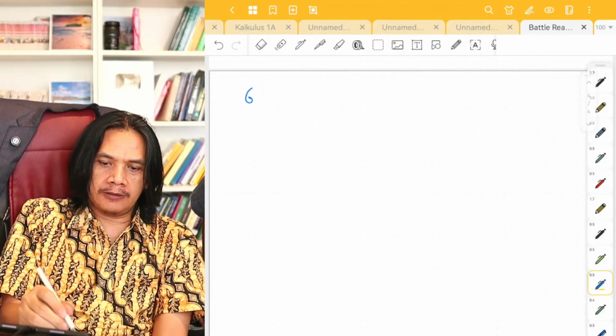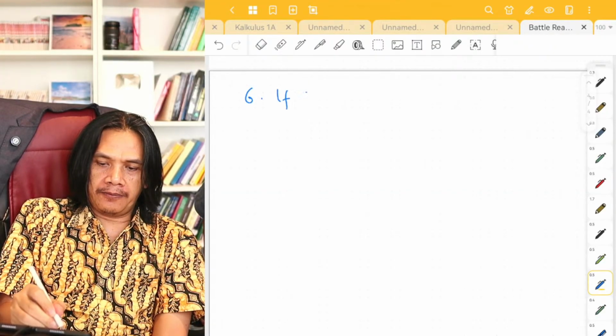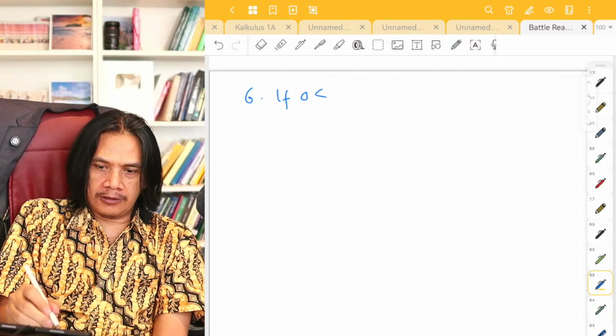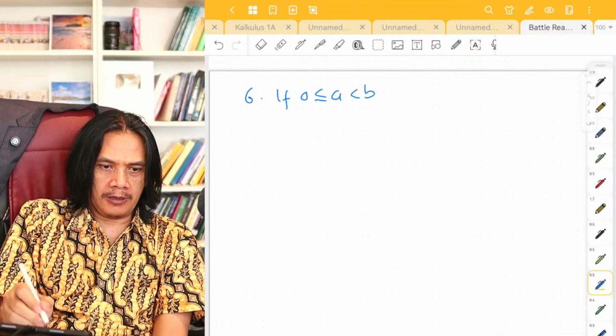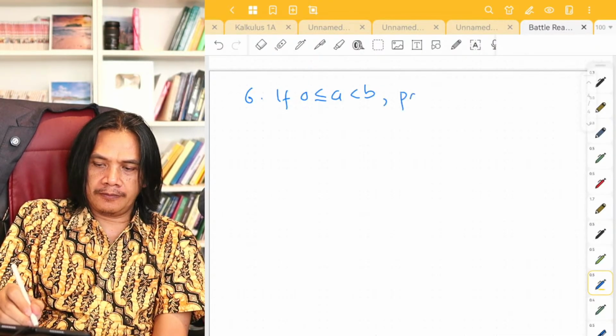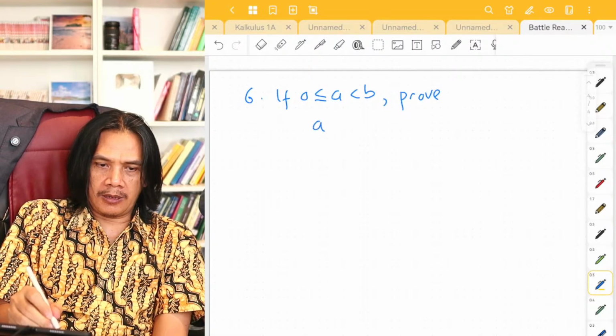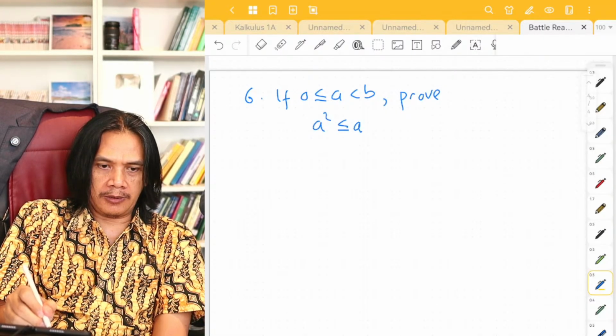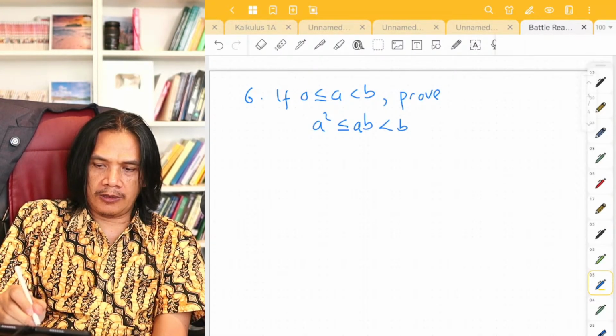Number 6. If 0 is less than or equal to A, and A is less than B, prove that A squared is less than AB, which is less than B squared.